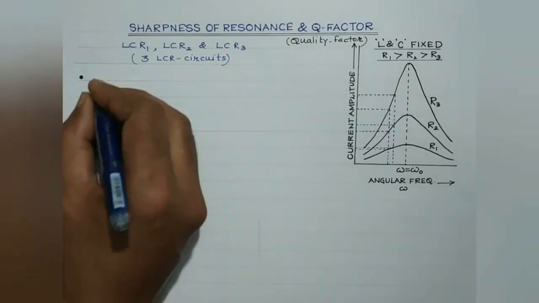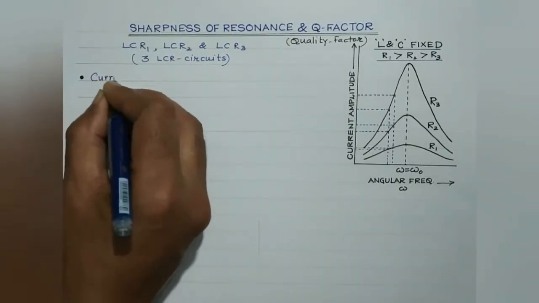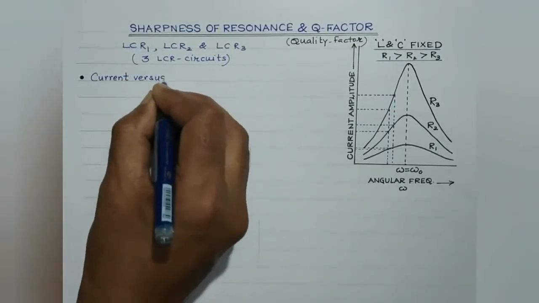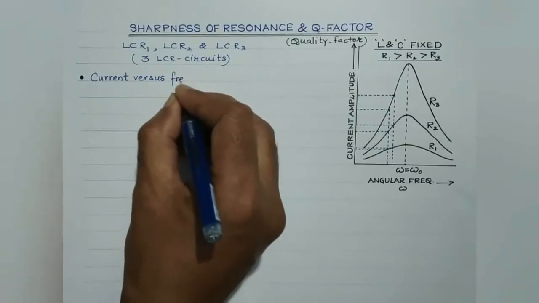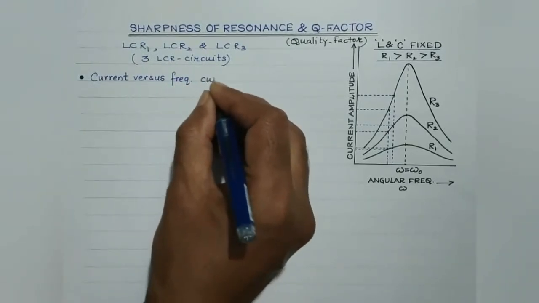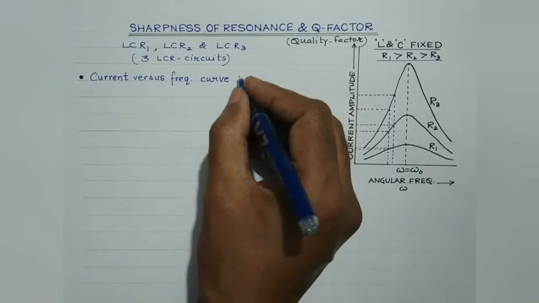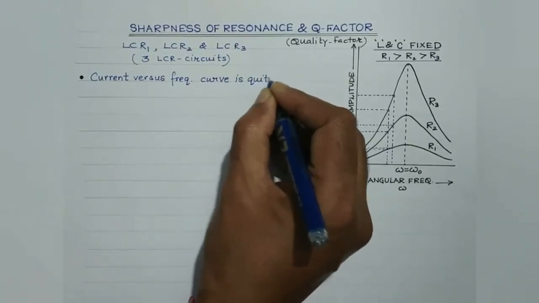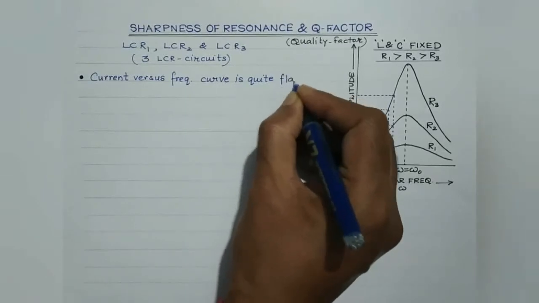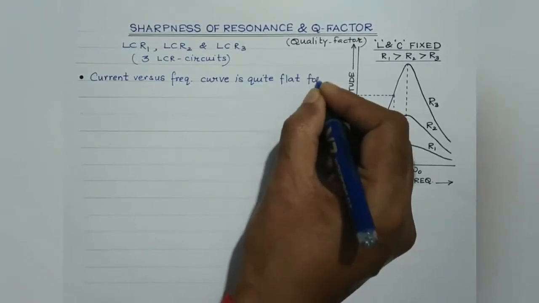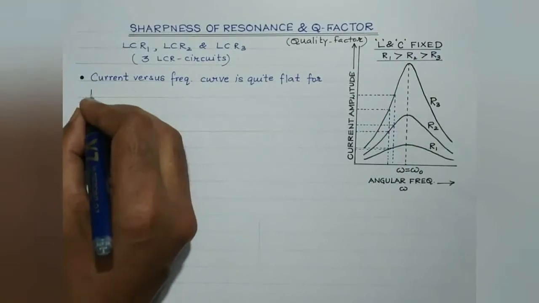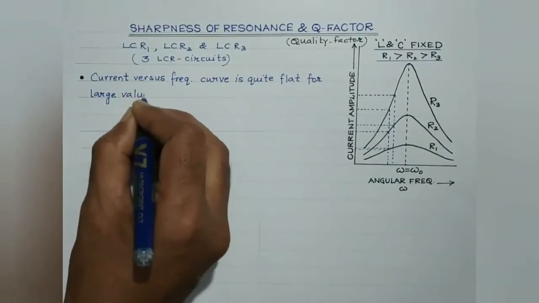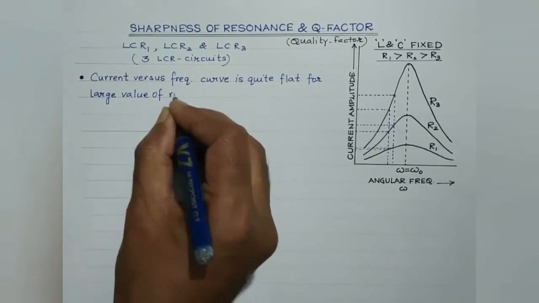First, the current versus frequency curve is quite flat for large value of resistance.